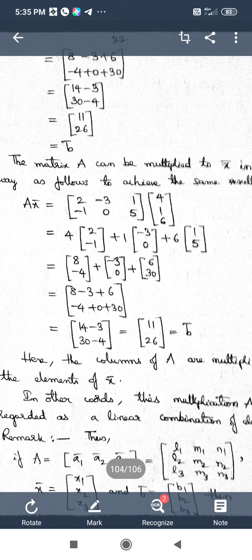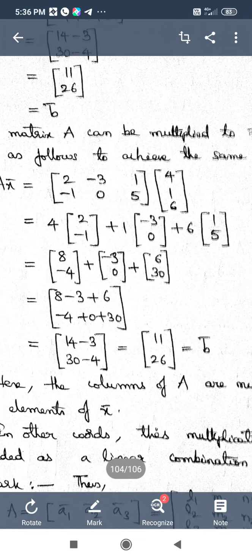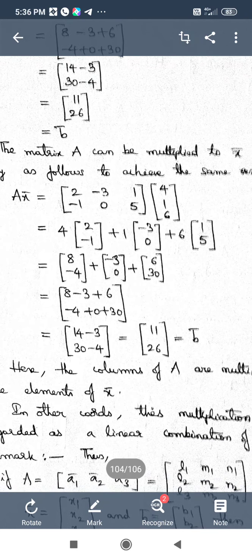Usual method of matrix multiplication also, we got the same matrix as the resultant matrix, and there we have denoted it as the vector B bar. As it is a column vector, I am denoting it as a vector, that is by B bar. So here also we got the same column vector B bar as the resultant matrix. So A x bar is equal to B bar.